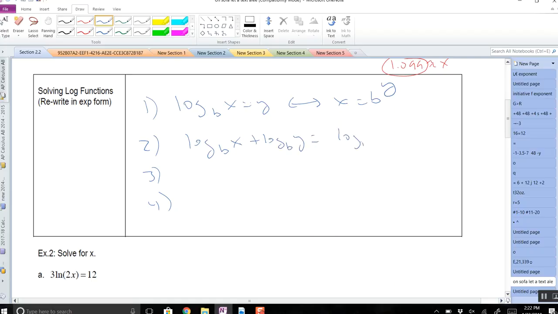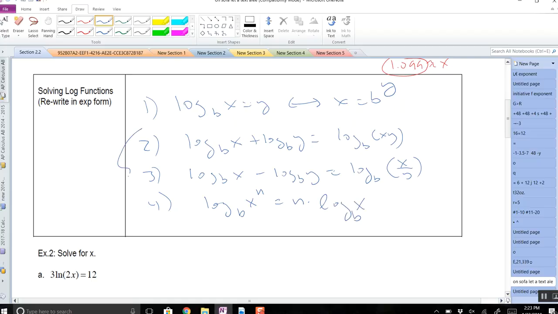Looks just like this. Quotient property, which looks like this. And the power property, which is this right here. So that's all stuff we've done in section 3.3. And this we learned about in section 3.2.